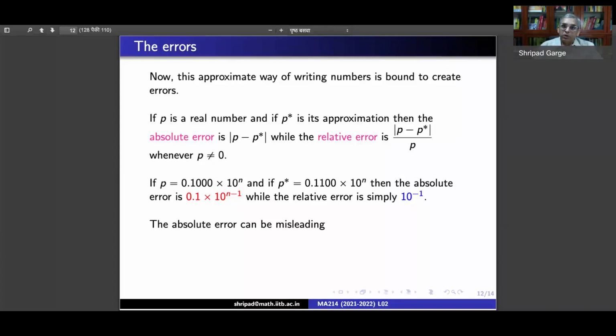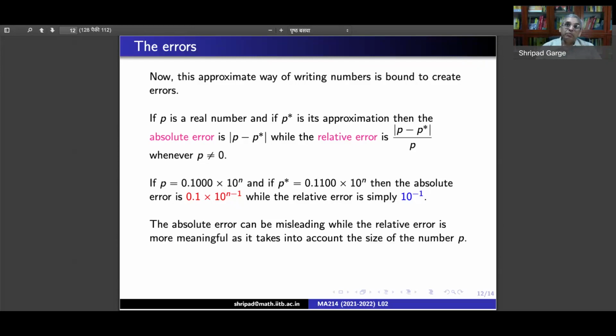If you were to compute some length, or rather an approximate length, and you are using a wrong unit, then your error might seem like a wrong number, whereas with the correct unit, it may look like a simpler error. So relative error is important because relative error takes care of the size of the number P.